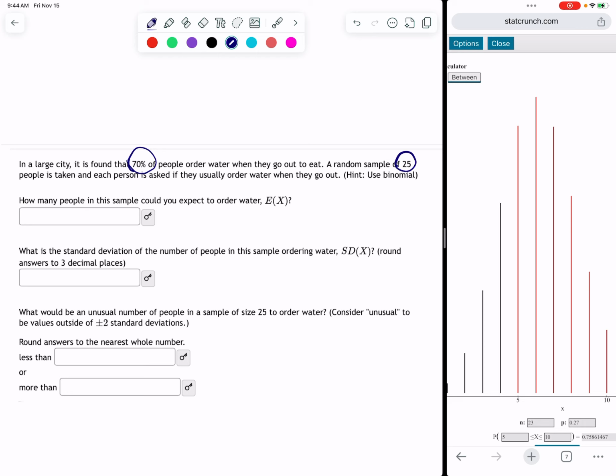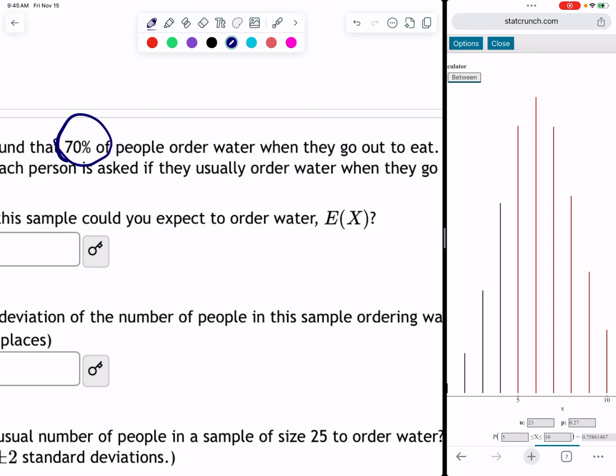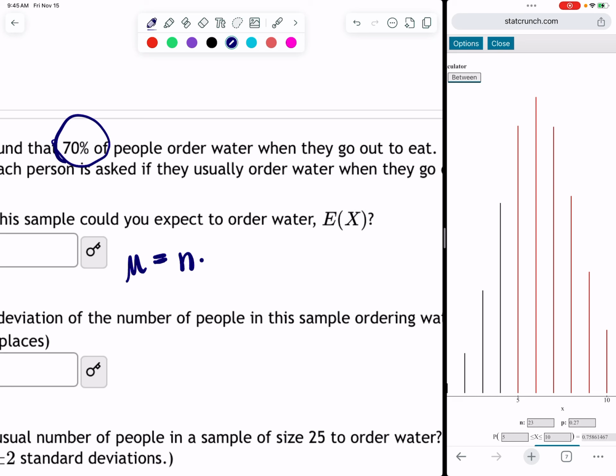So we need an expected value. Well, because I have my handy dandy formula chart, which I'll pull up on Google Drive, I know that the mean, or the expected value, is the number of trials times the probability of success.